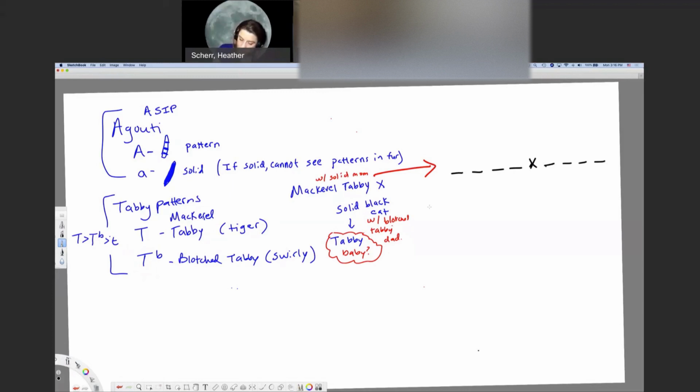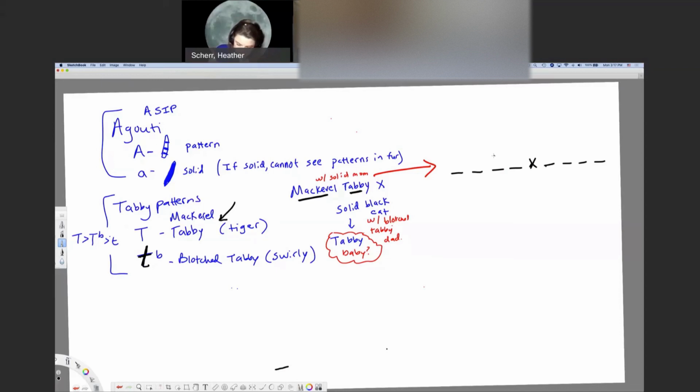Okay. So we have a mackerel tabby. So based off of that, what do we know just from that cat? Well, it has at least one of the T's, right? So from being mackerel tabby, to be a tabby and mackerel, you have to have this one, right?